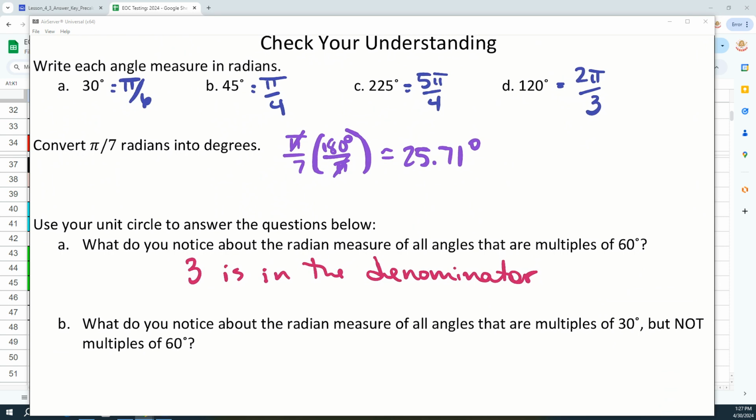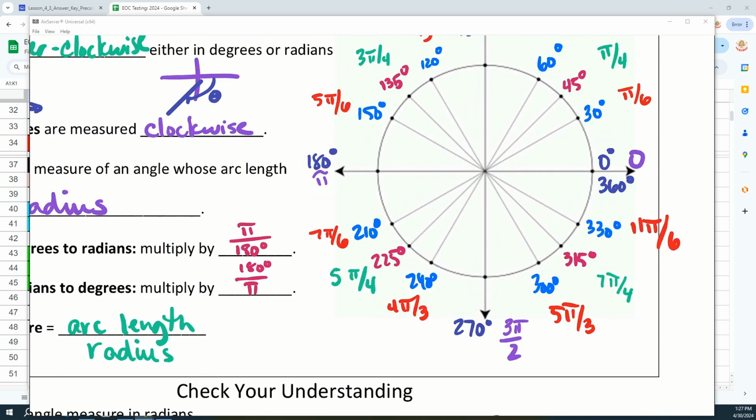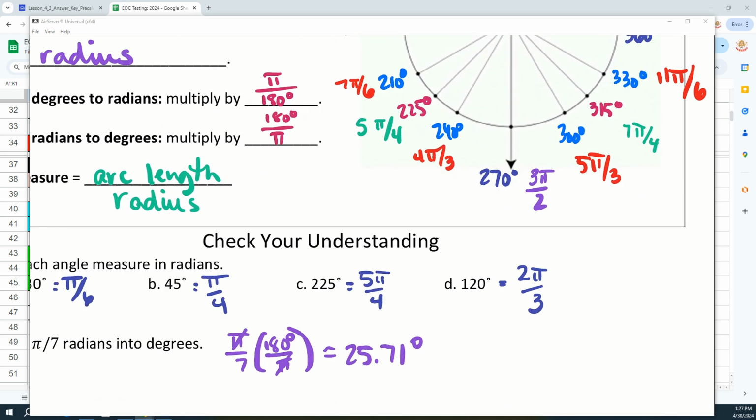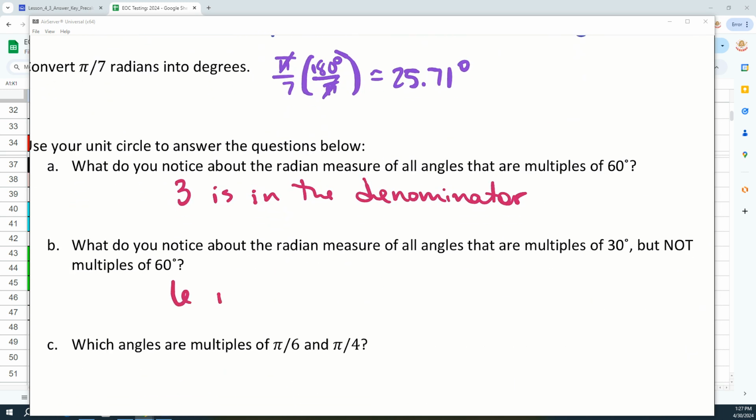What about all of the angles that are multiples of 30 but not multiples of 60? So we're talking about these guys. What do you notice about their radian measures? All the denominators are 6.